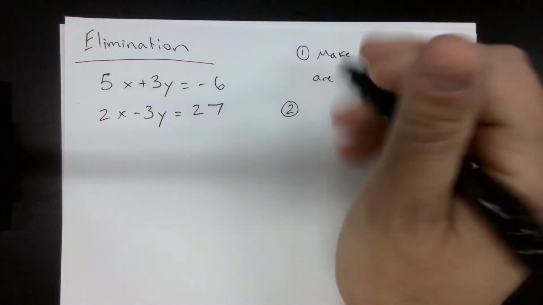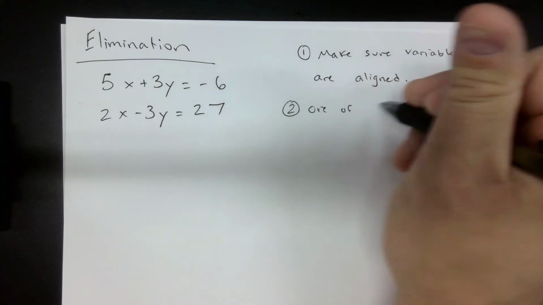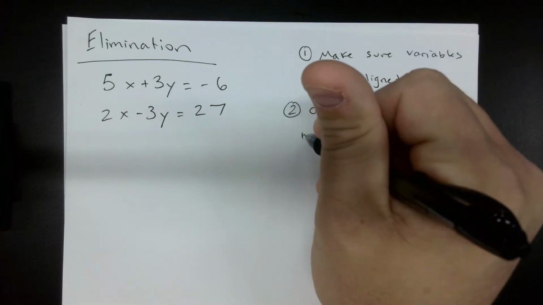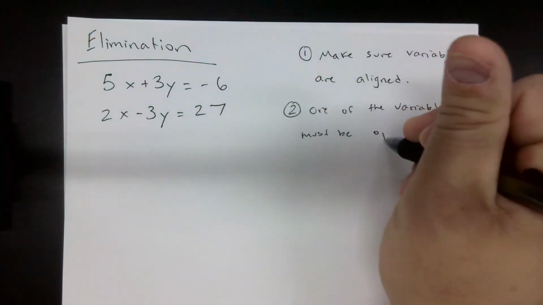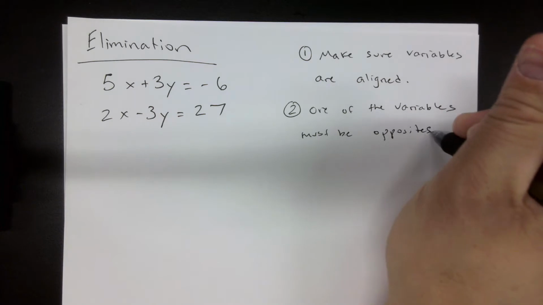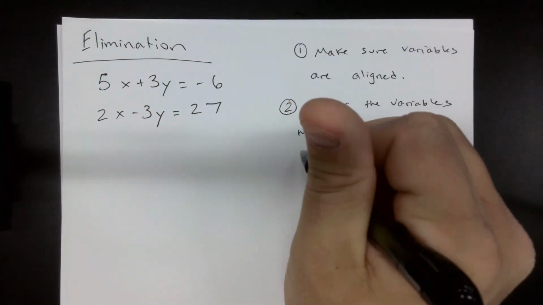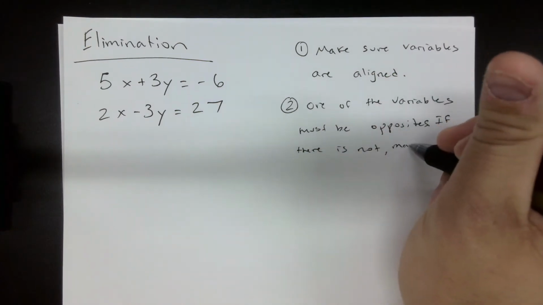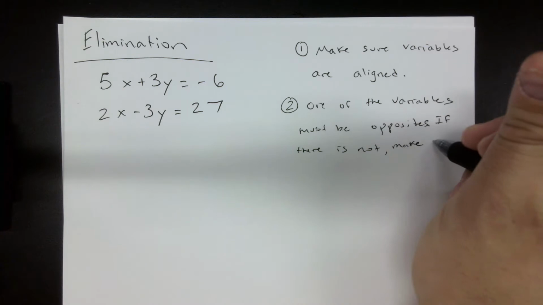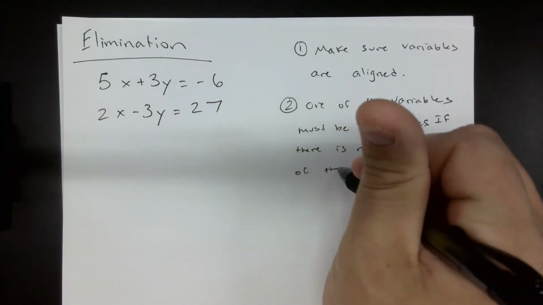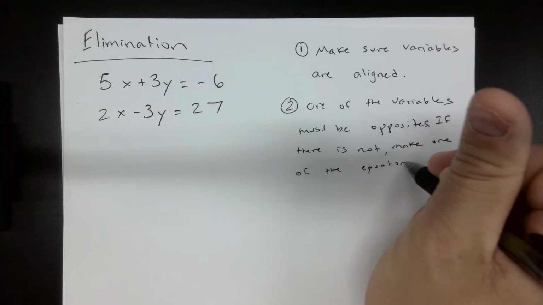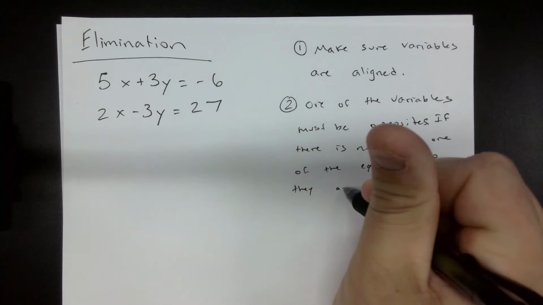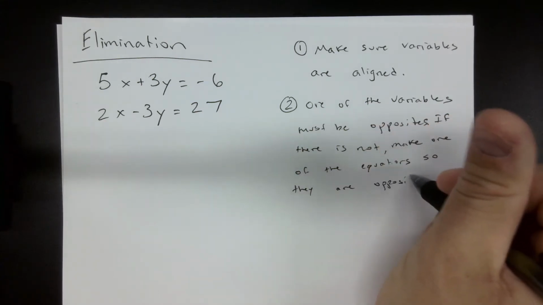Step number 2. One of the variables must be opposites. If there is not, make one of the equations so they are opposites.